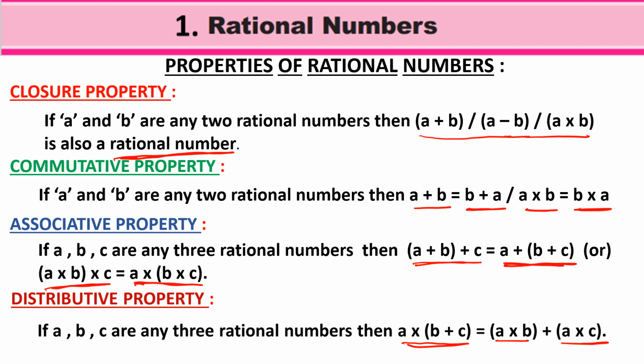Except for that, closure property is satisfied under division, excluding 0. Because division by 0 is not defined, we cannot take that division here. Understand, children?